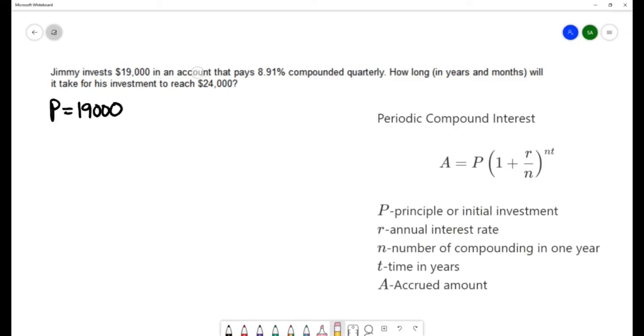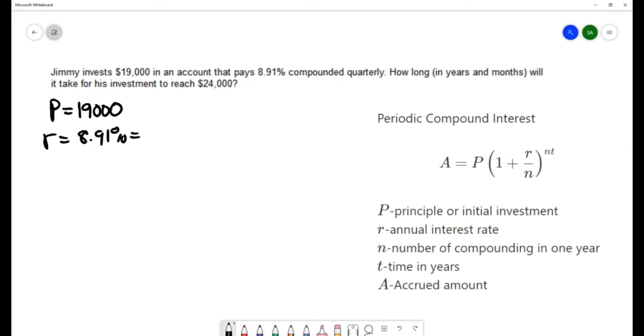In an account that pays 8.91% compounded quarterly, 8.91% will represent the interest rate, which is R. So that's 8.91%, and we don't write this as a percentage when we use it in the formula.